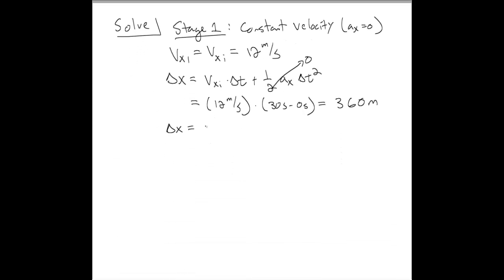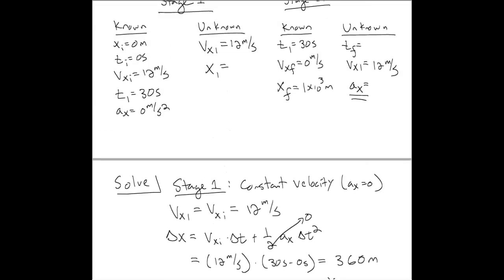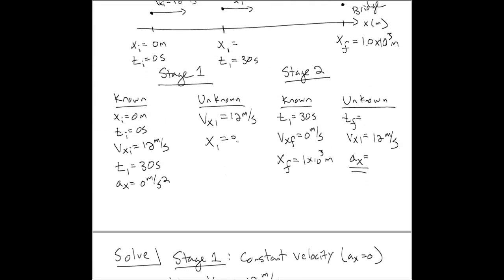The change in position delta x is related to x1 because it's the final minus the initial, or rather x1 minus xi. But fortunately, since xi is 0 meters, the change in position delta x is, in this case, actually the same as x1. So ultimately, we're led to find that x1 is 360 meters. So now we've found everything that we didn't know about stage 1.